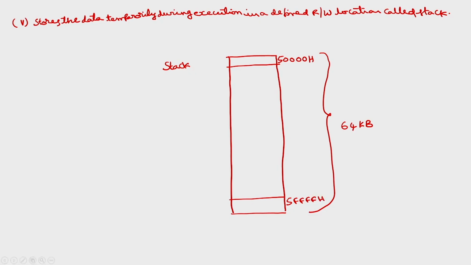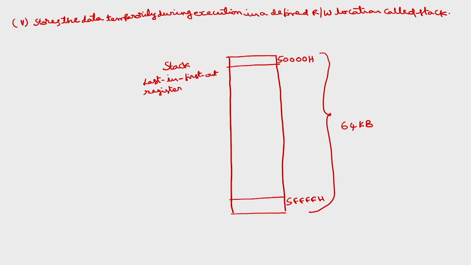And stack is a last in first out register. The data which is inputted last will be outputted first. There is one pointer called the stack pointer.